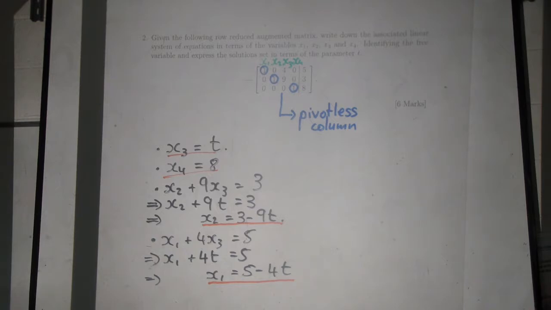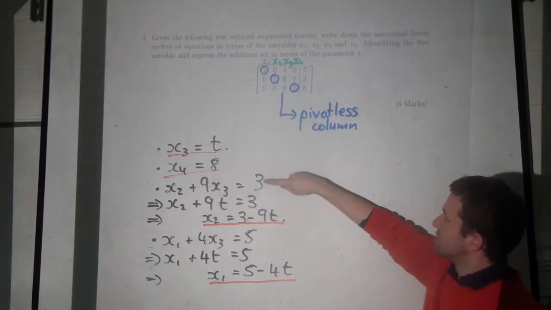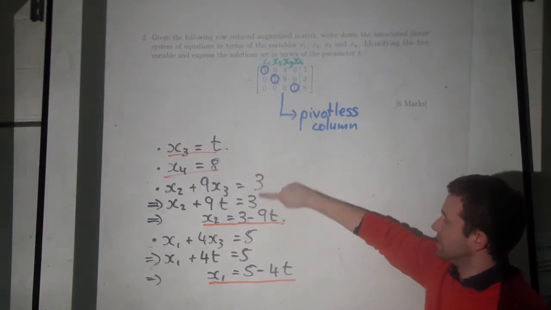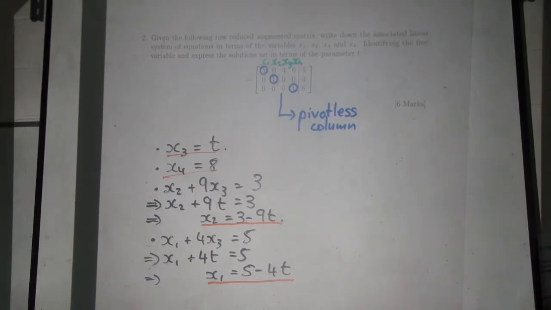So, the question just says at the start to write down the associated linear system of equations. Funny enough, I never did that, but they are here. There's the third one, there's the second one, and there's the first one. Does it want you to write out x1 plus 4x3 is equal to 5, is it?